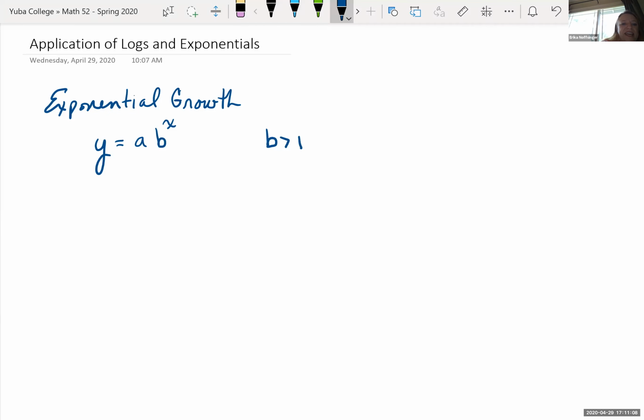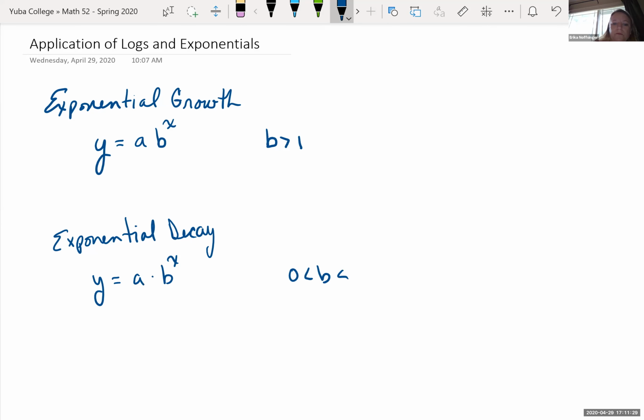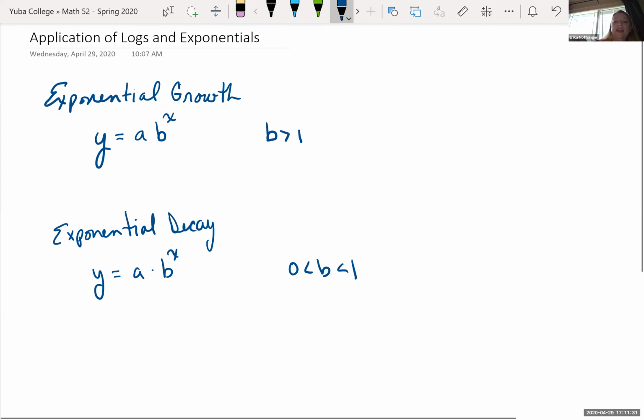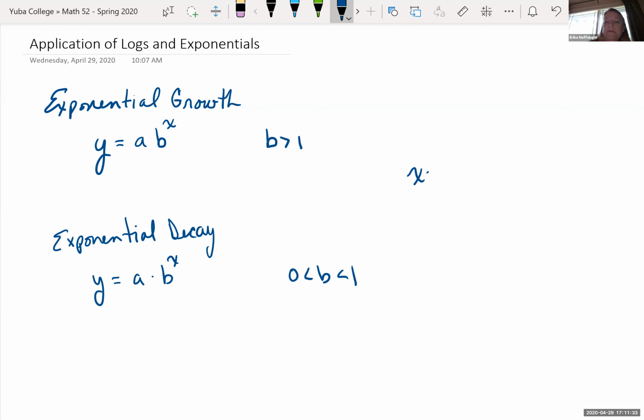An exponential decay, we have y is equal to a times b raised to the x power, where b is between 0 and 1. x is equal to time, so our variable, and the exponent.